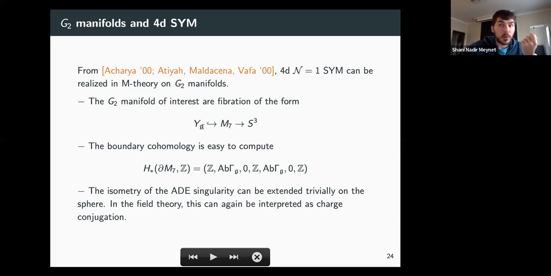We now also know that there are some special transformations, these biholomorphisms, that act on the ADE singularity, and this can be translated into actions on the quantum field theory. And since these are outer automorphisms of the Lie algebra, we also know how they act on the center.